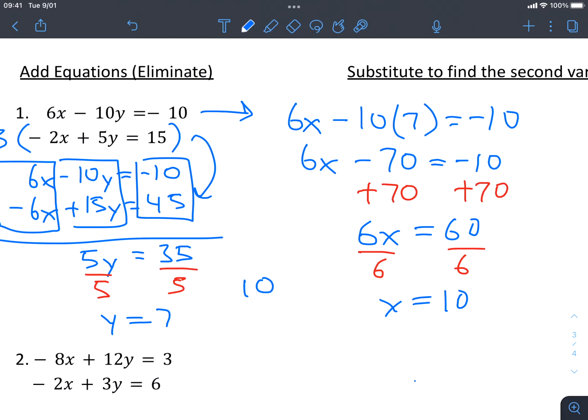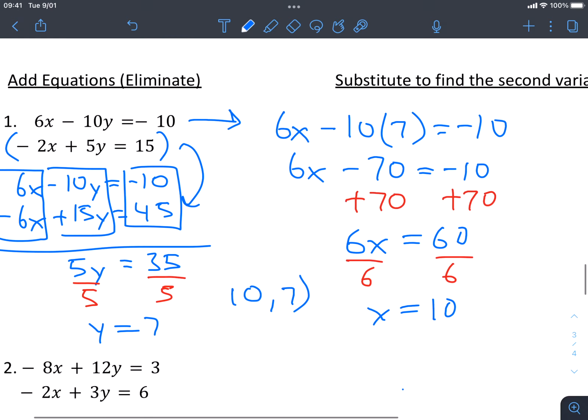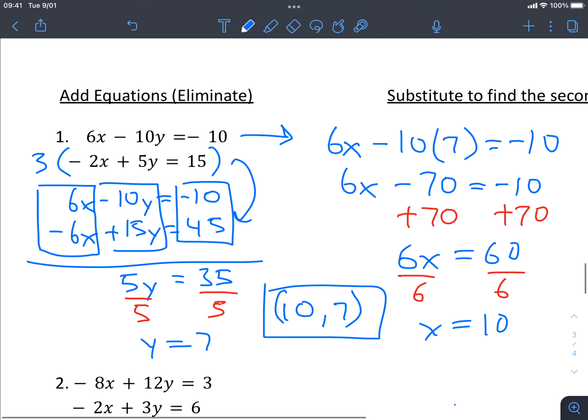So our first answer for our point where these two lines intersect is (10, 7). So even though initially it didn't look like the variables could cancel out, by manipulating the equation or transforming the equation, I can make them cancel out.